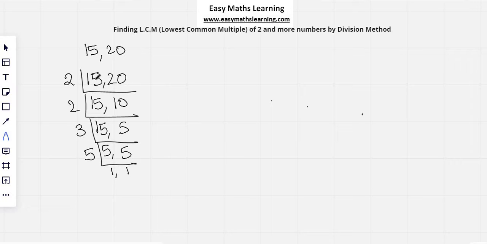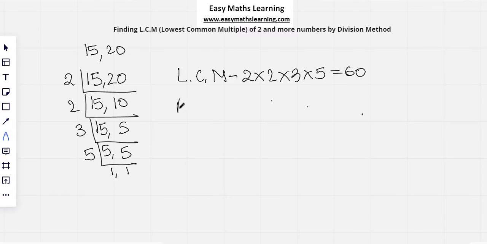So how will we find the LCM of 15 and 20 now? We will multiply these divisors and get the LCM. So 2 times 2 is 4, 4 times 3 is 12, and 12 times 5 is 60.